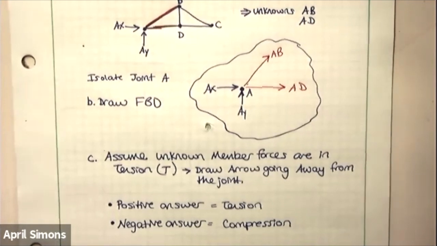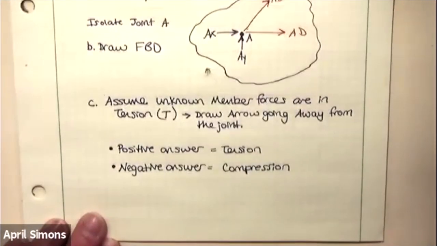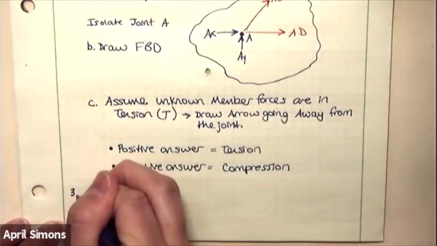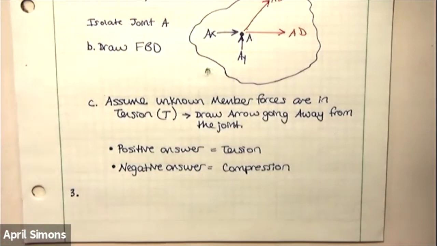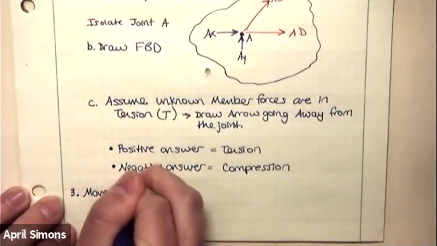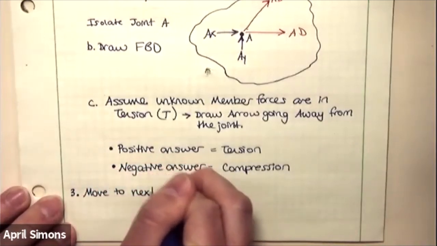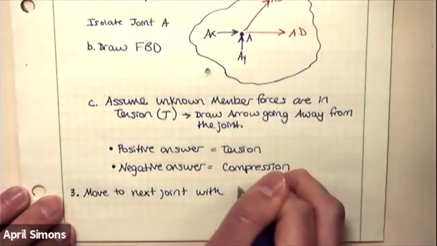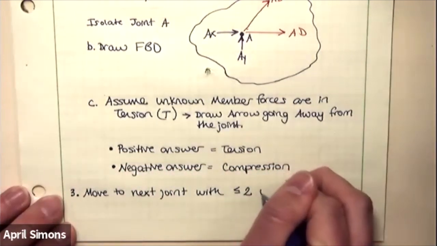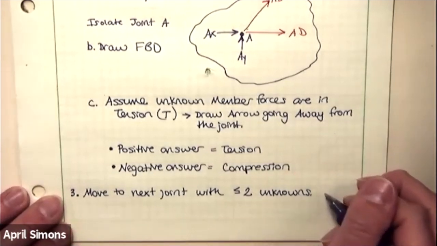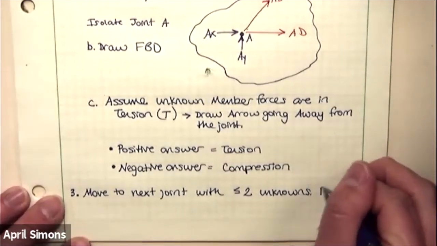After we have completed the first joint, the next step is just to work our way through the entire truss, looking at each joint. So we're going to move to the next joint with 2 or fewer, less than or equal to 2 unknowns, and then repeat step 2.